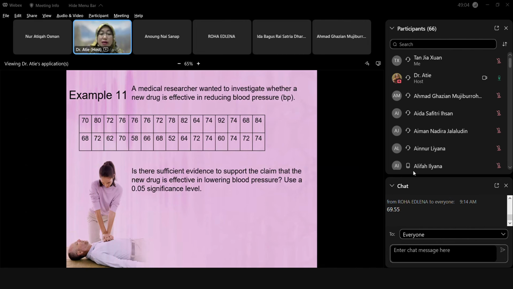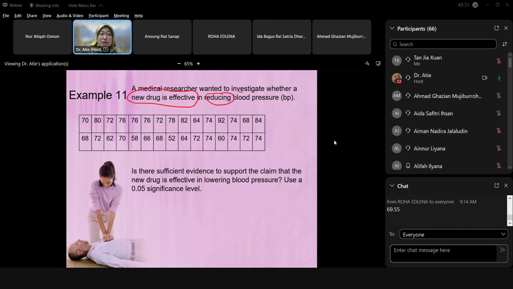So let's try this one, example number 11. A medical researcher wanted to investigate whether a new drug is effective in reducing blood pressure. So that's our purpose. The clue word here is reducing.